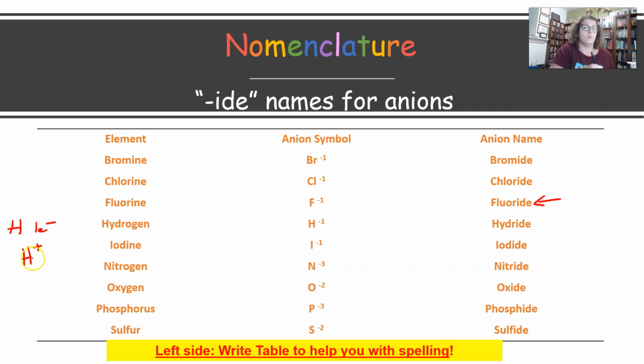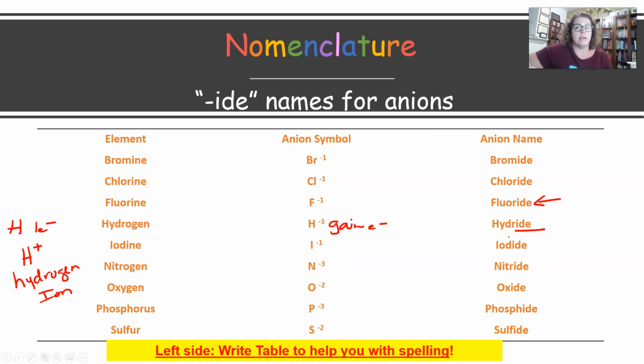But who says he doesn't want to gain 1? He can do both. When he loses, the name doesn't change. You still have hydrogen and then ion. But what if you gain? If you gain that electron, you have to change the ending no matter what. So that's called hydride. Very few elements out there can actually do that.